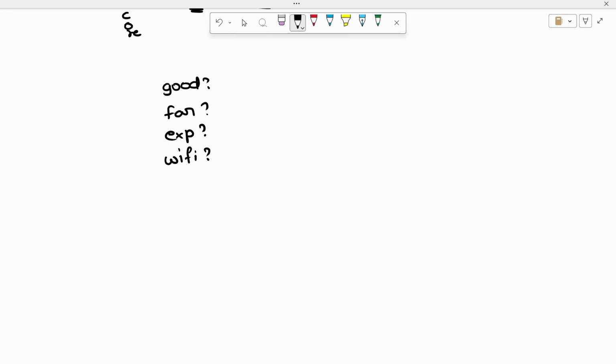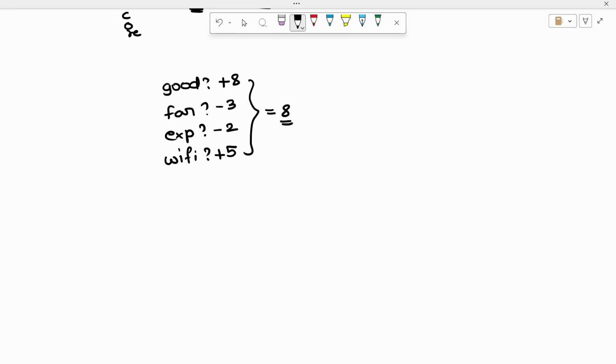You give more importance to how good the coffee is, so +8. It is very far away, so maybe -3. It is slightly expensive, so -2. And they do have Wi-Fi, so +5. So overall, your sum becomes +8.